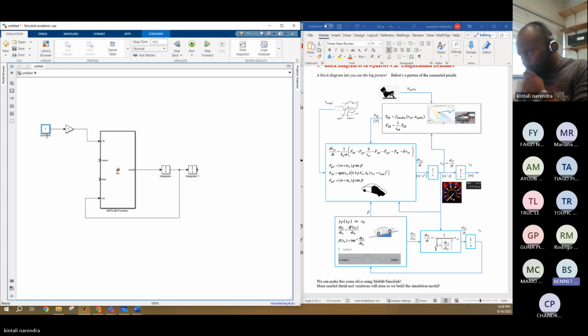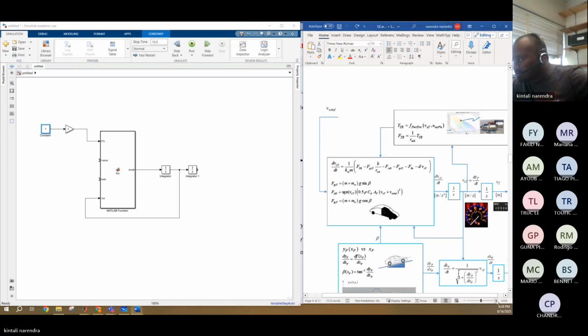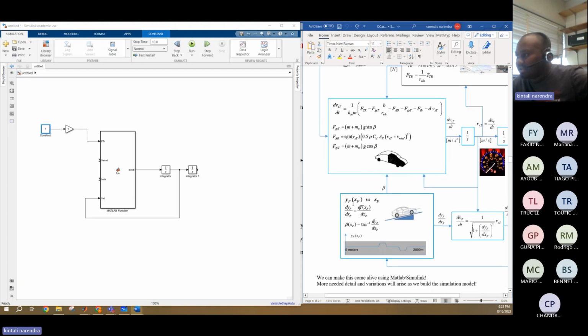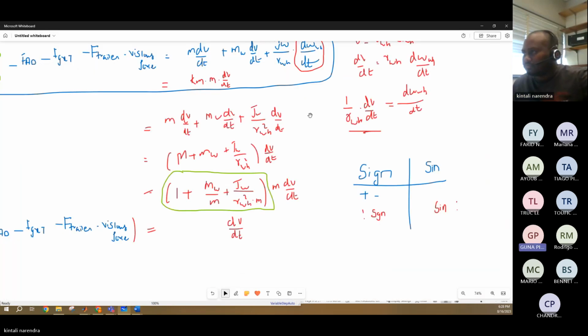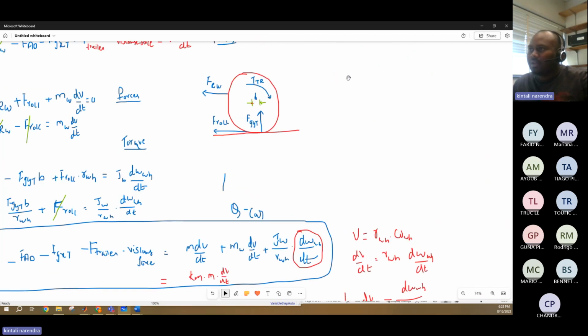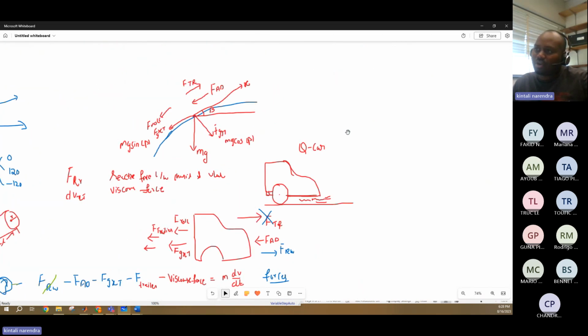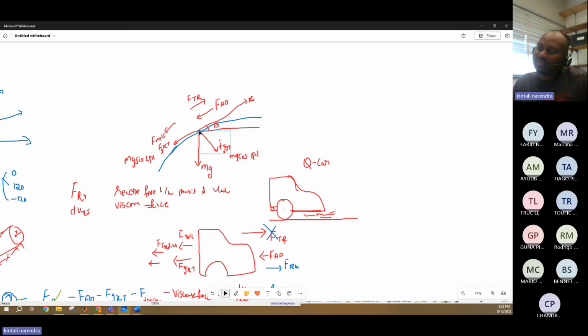Now you need beta. See here, this is the beta. We need to create a road profile, and from the road profile you'll get beta. Beta is the angle when you draw a tangent at the contact point on the road.